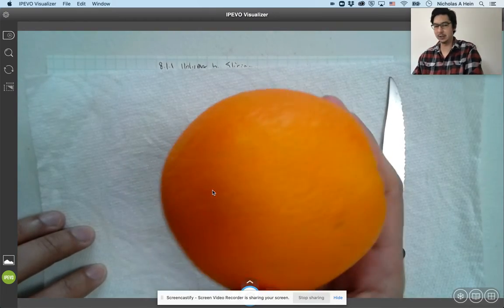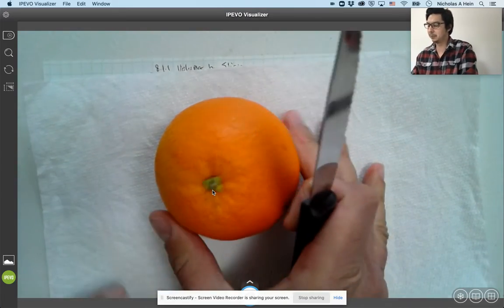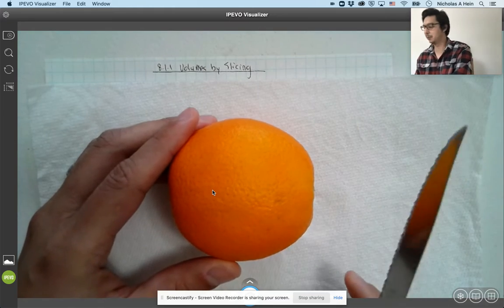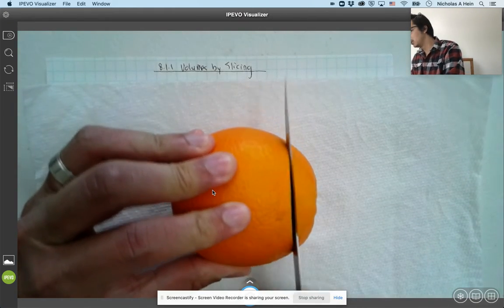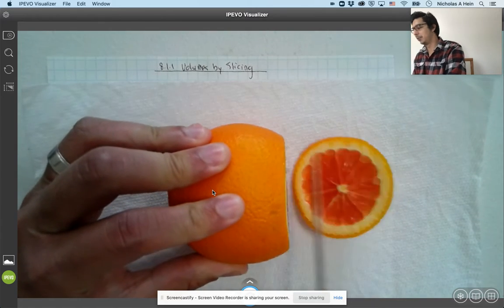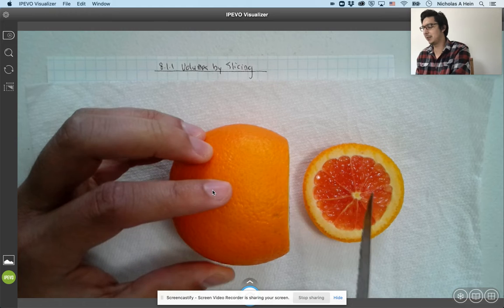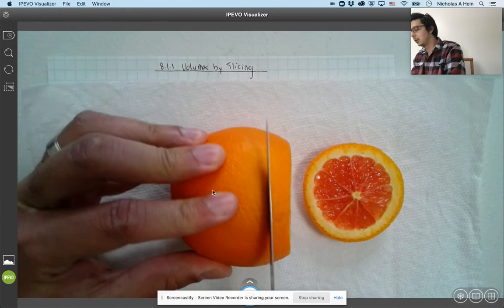And how are we going to calculate the volume of this orange, right? So what we're going to do is we're going to slice it, and I'm going to turn it sideways, and we're going to make cross sections of it, okay? So hopefully I do this right, because I don't really want to cut a second orange. And it is a Cara orange. If you're wondering, if you're like, oh, my eyes messed up or my screen messed up, that is pink. It's a Cara orange that we have. Okay.